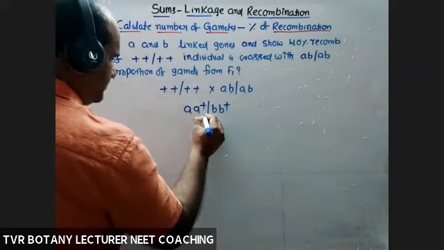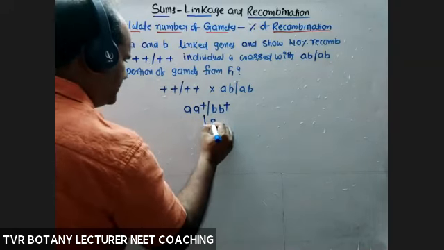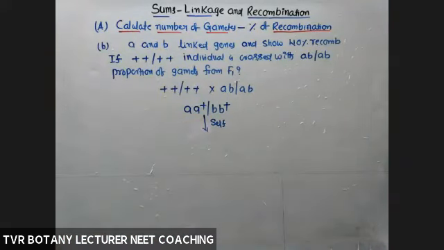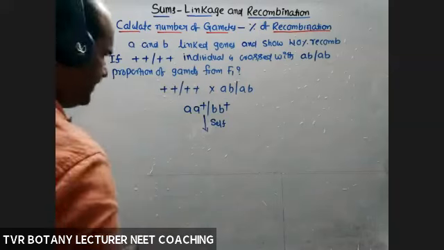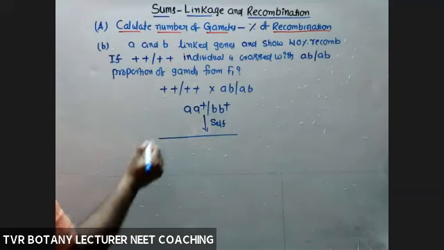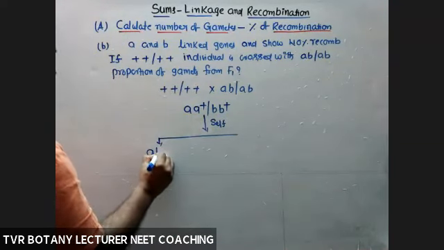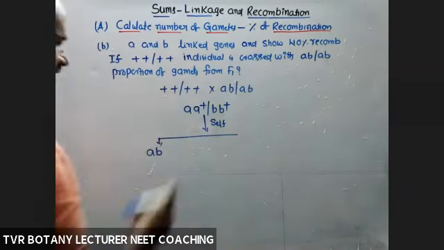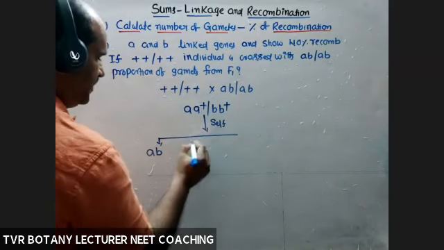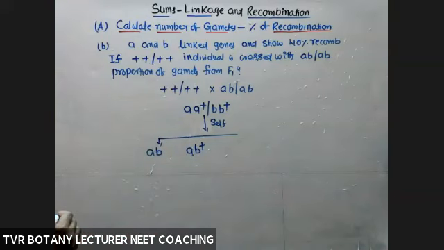If this F1 is subjected to self-pollination, for example, here I'm taking self-pollination. F1 only is given. Now, how many kinds of gametes are possible? From this one, first small a, small b, ab, parental gametes.